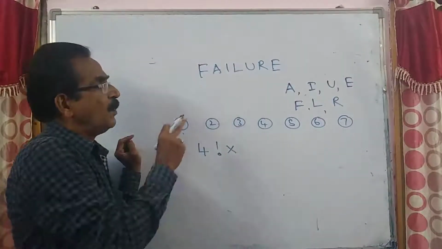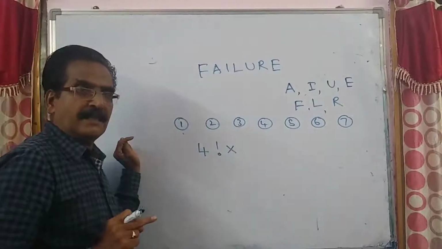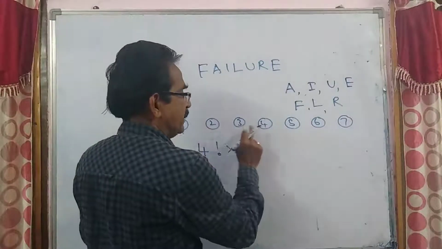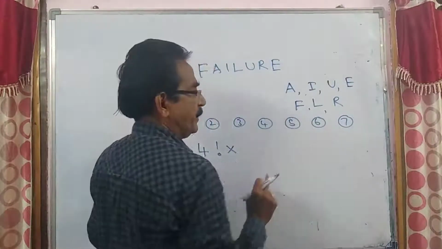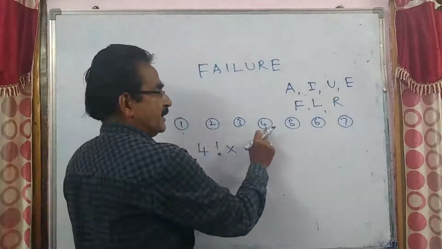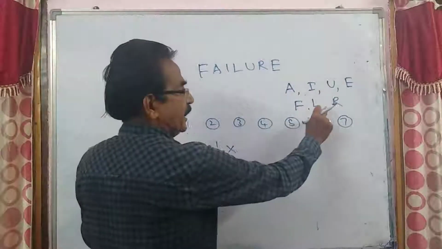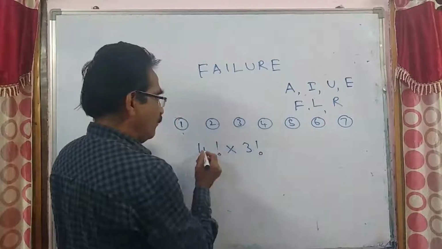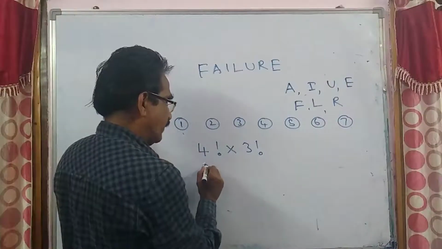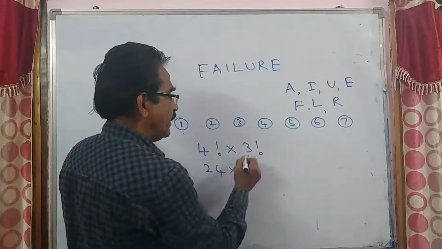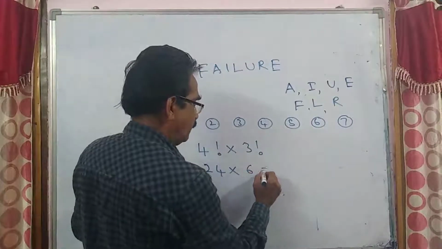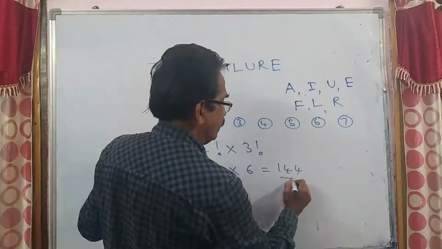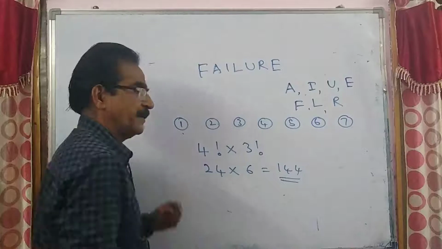Now in the remaining 3 blanks, second, fourth and sixth, 3 consonants can be filled in 3 factorial ways. 4 factorial is 24, into 3 factorial is 6, 24 into 6, 144 ways is your answer.